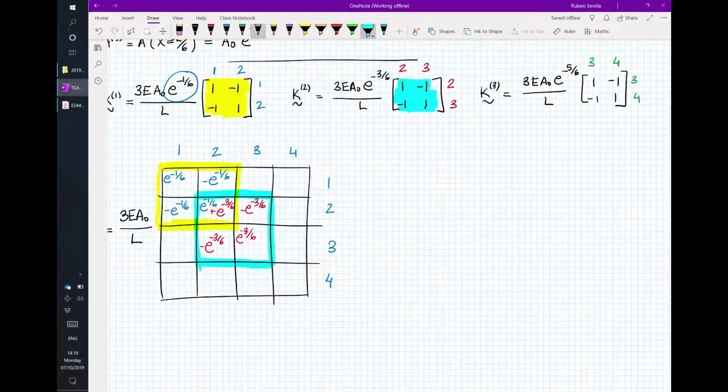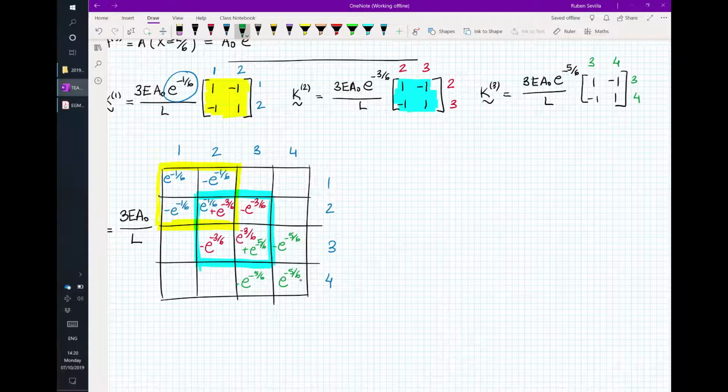Last one, element number 3, global nodes 3 and 4. That means that the contribution will go to the positions 3 and 4 of the stiffness matrix. And I have plus, so 2 contributions in that position. Make sure that I don't have any mistake in here.